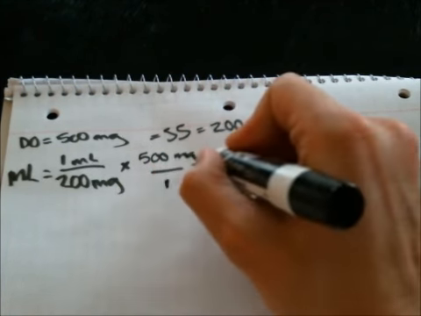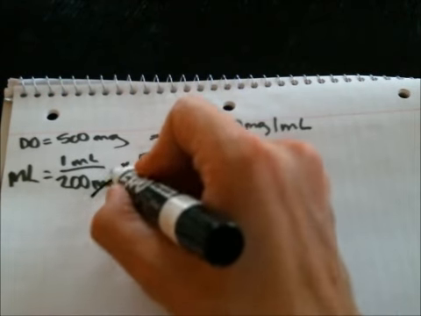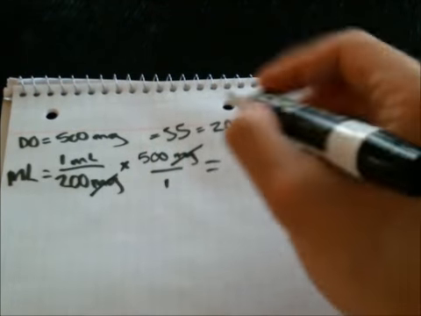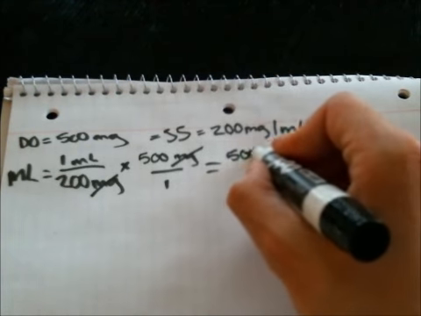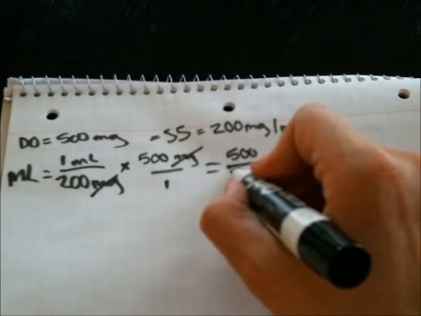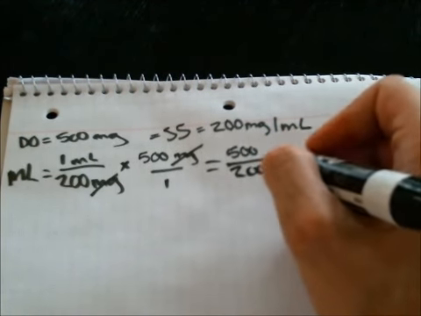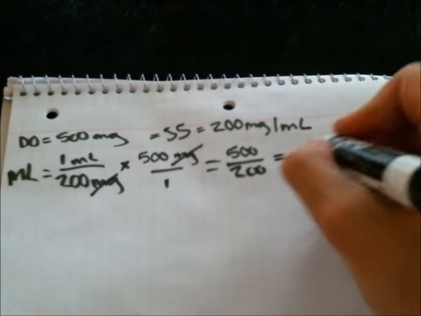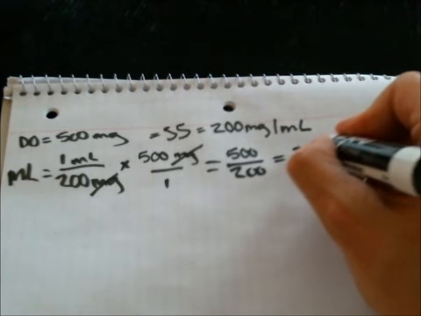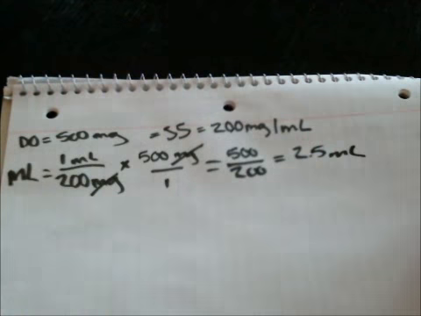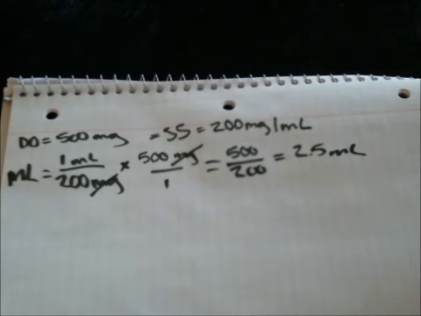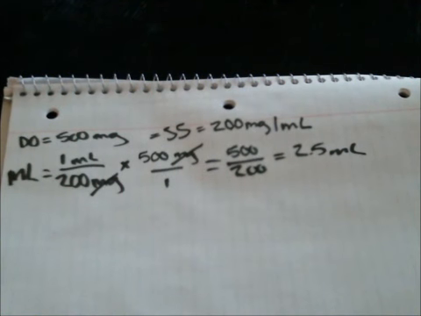So we can put that over 1. You can cancel out milligrams with milligrams, and then we have 500 over 200, and our answer then is 2.5 milliliters of the drug. Do you see how that works? So that is reconstitution. Simple and easy, right?